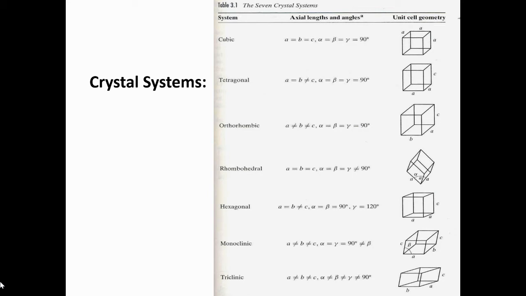These 7 crystal systems are cubic, tetragonal, hexagonal, orthorhombic, rhombohedral, monoclinic and triclinic. The lattice parameter relationships and unit cell sketches for each are represented in this table.